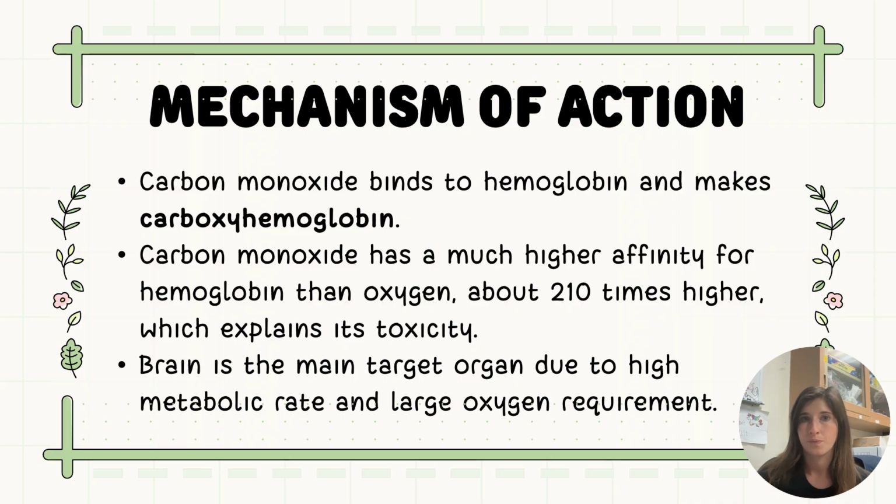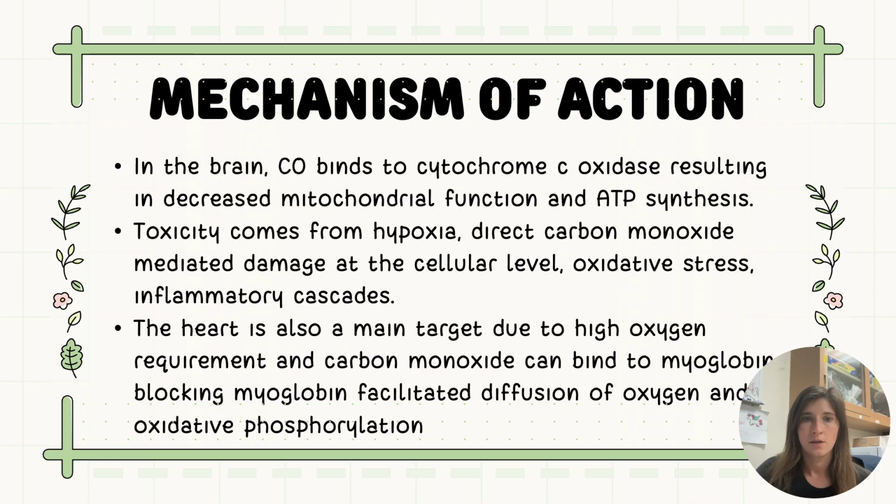So when you're being exposed to the carbon monoxide, right, your brain, which is responsible for all of your homeostatic interactions, right, trying to make sure that your heart rate's consistent, you're breathing, you're thinking, you're doing this, you're doing that, it's going right to your brain. So that's why that's the main target.